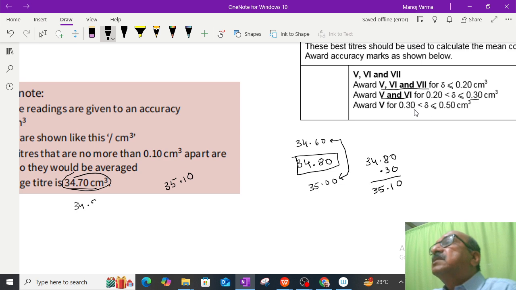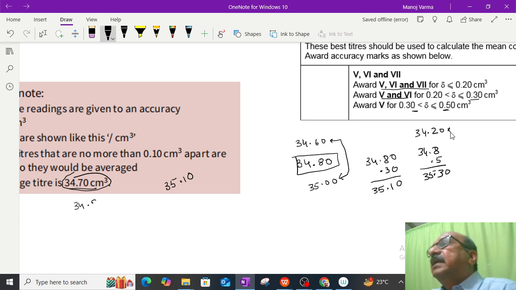And if it differs by more than 0.3 up to 0.5, right, that means 35.3. So if you get a reading like 35.3, and 0.5 on this side, that is 34.2.